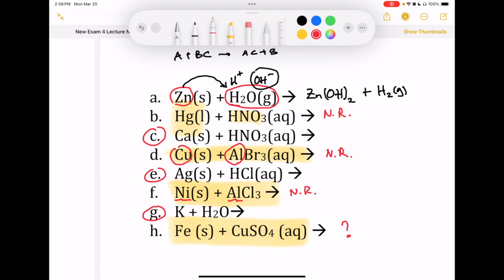If there's a product, you're going to have to write the formula of the product. Now, this one right here is kind of interesting. The one at the bottom here with potassium and water, it doesn't give you any kind of state for the water. That's probably just a typo on my end. So just put this as liquid water, okay? And then you should be able to predict the products that come out on the other side.